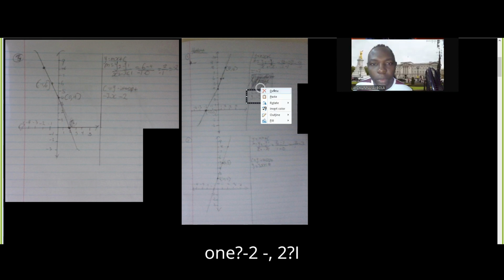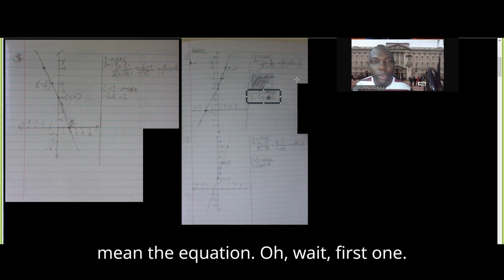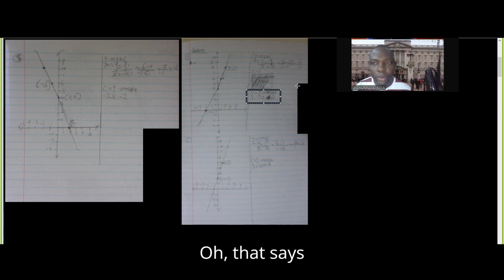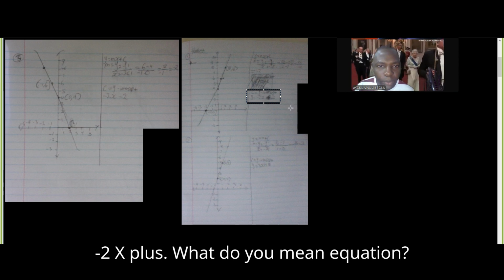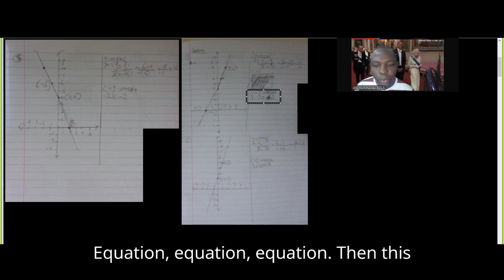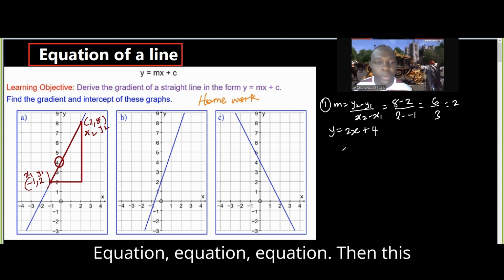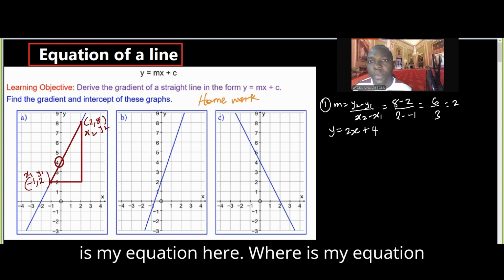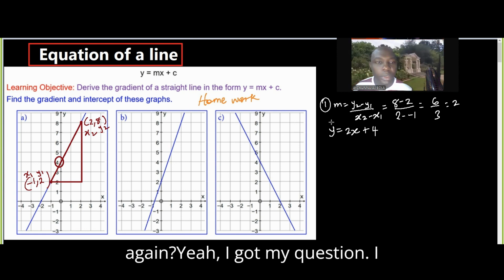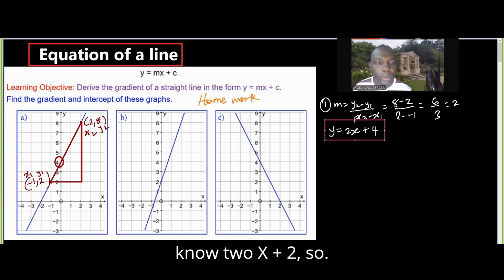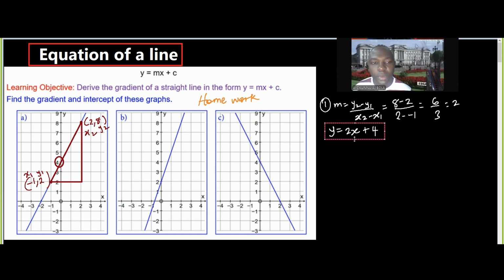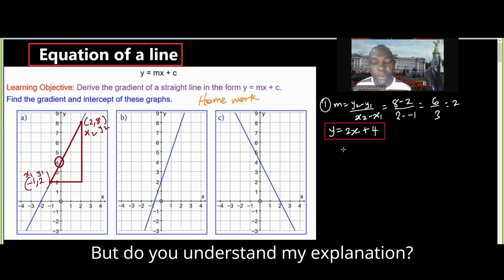Minus 2. The equation. Minus 2x plus... What do you mean equation? Don't you see my equation here? Yeah, I got y equals minus 2x plus 2. But do you understand my explanation?